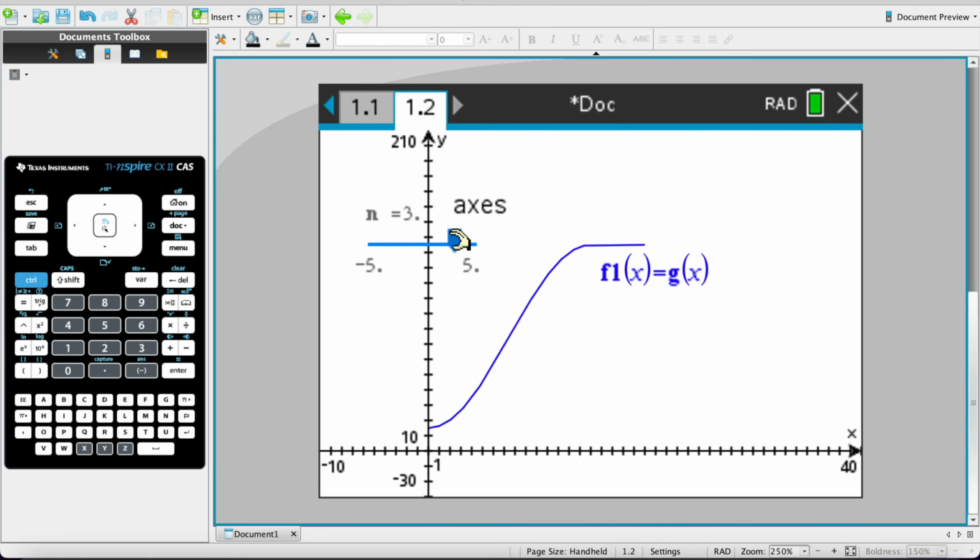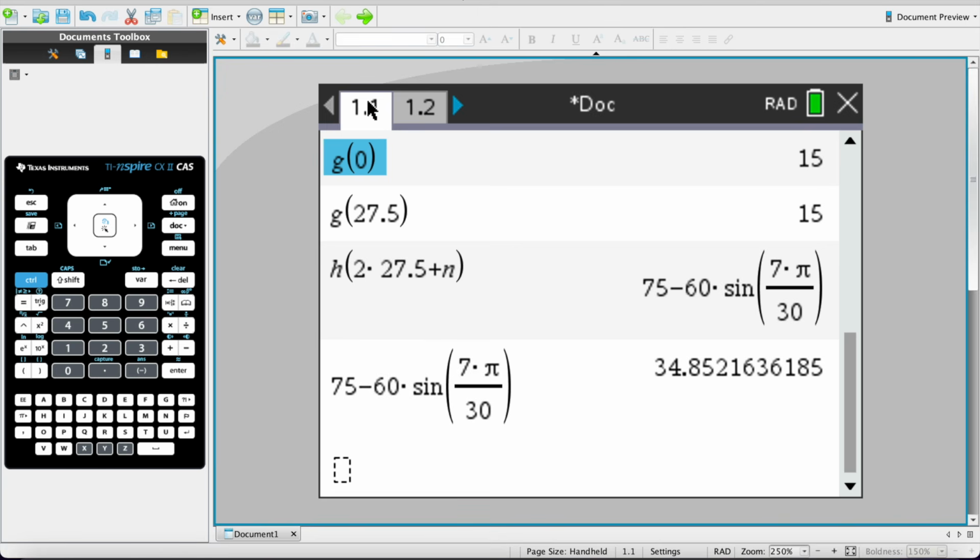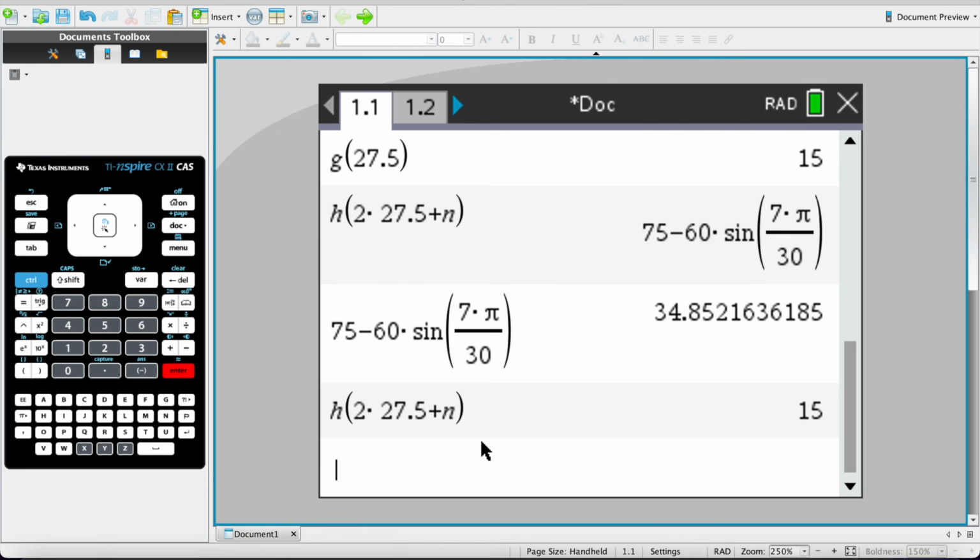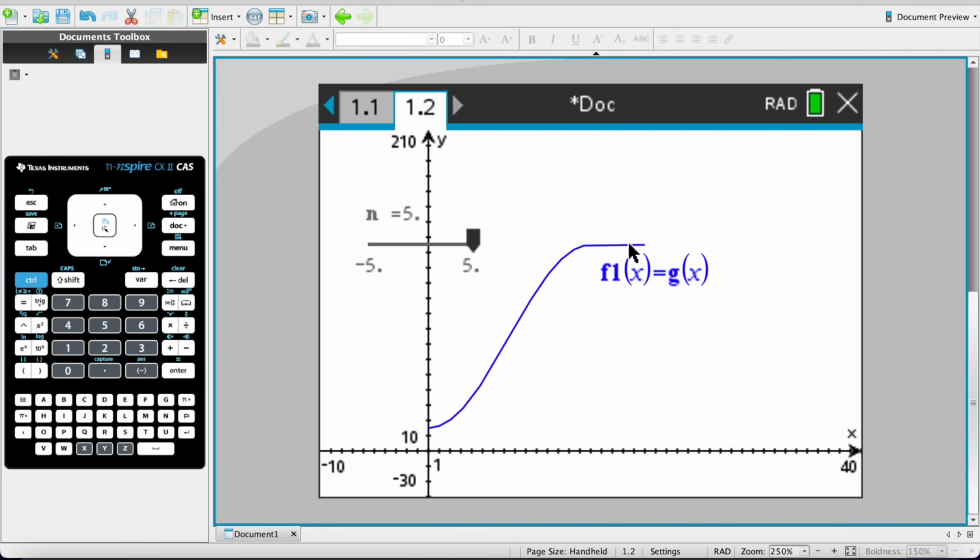Oh, so n can be 5 times, so the minimum value is 5. Okay, so let's say that, now let's try this. What does it say here?